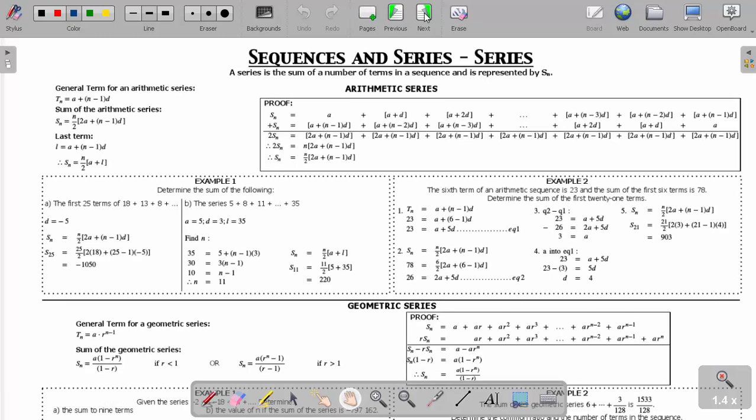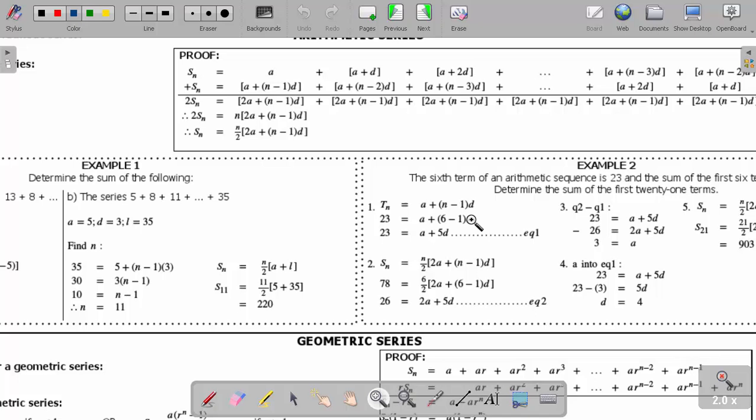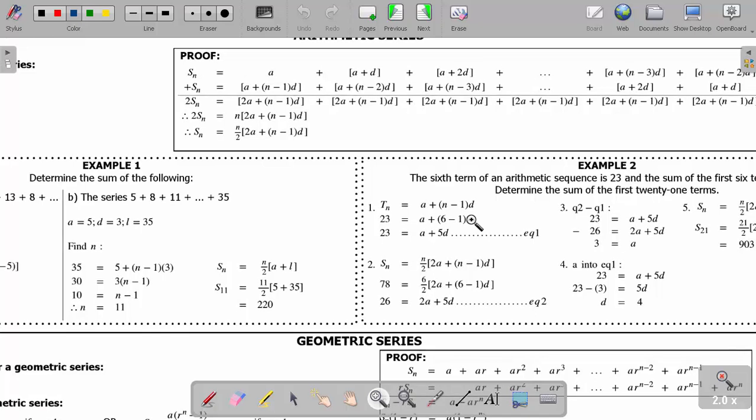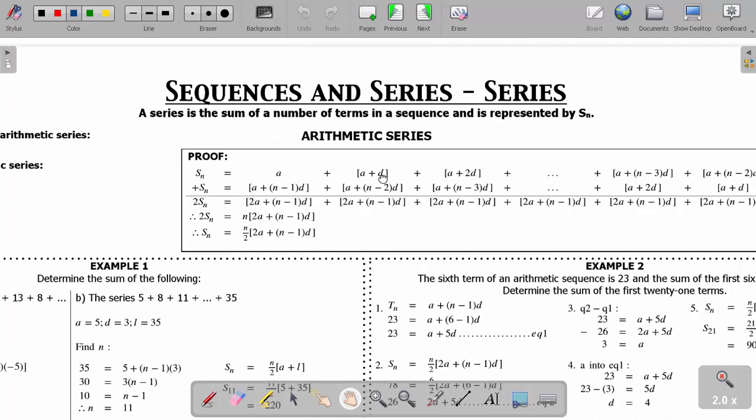Now apart from doing calculations, we have got some formulas when it comes to arithmetic series and geometric series. The others were sequences. Now there's a difference between a sequence and a series. What's the difference?